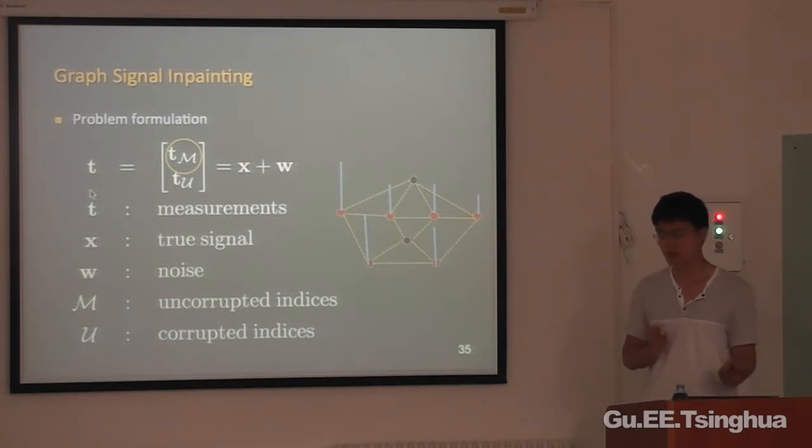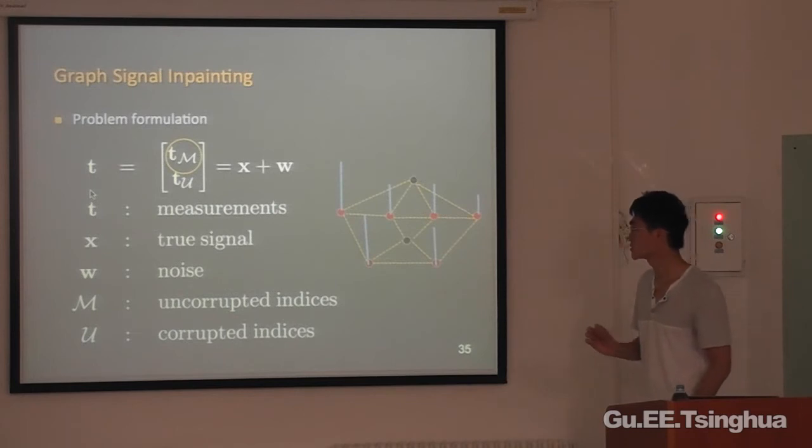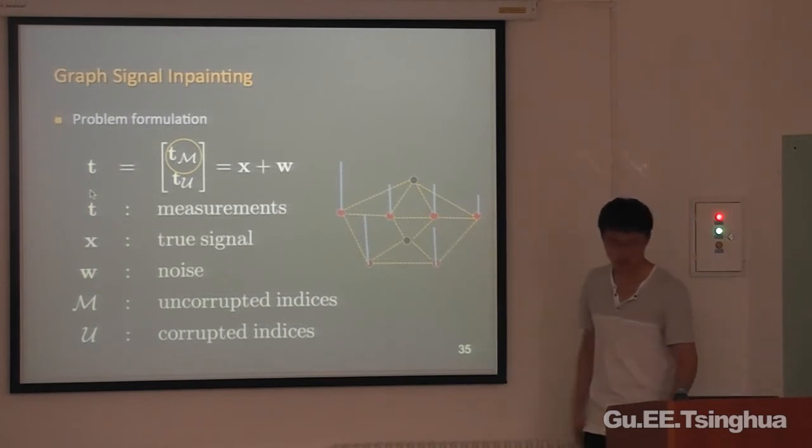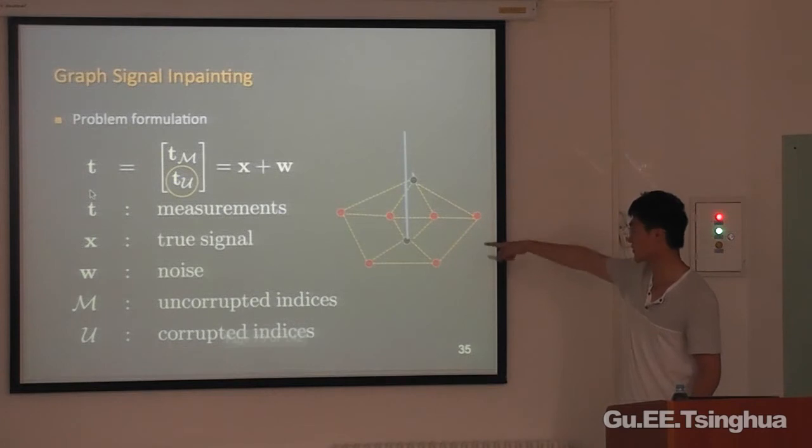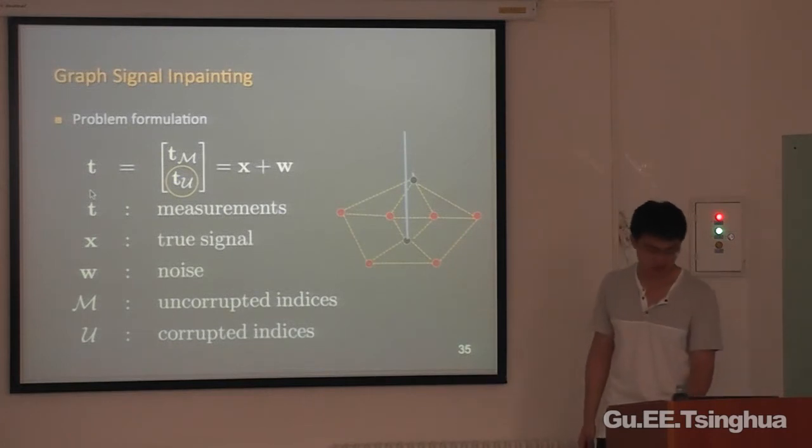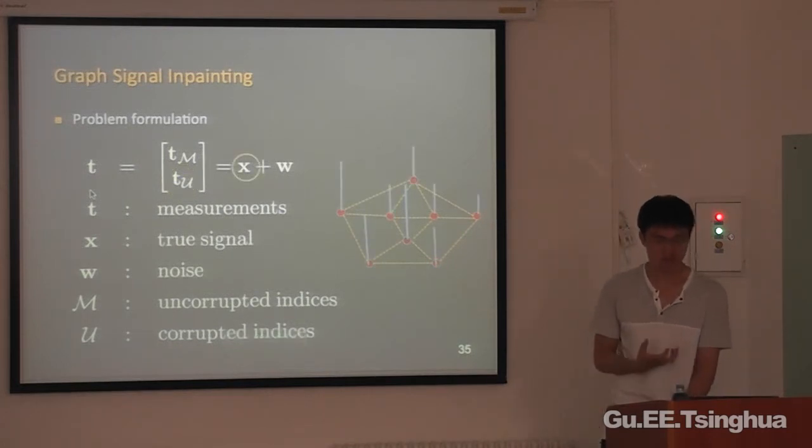U is the unmeasured part. So we have the data on the measured part, and for U, it's plotted as those black dots. X is the true graph signal we want to recover. So X is hidden, and we want to recover X. And W is some noise.